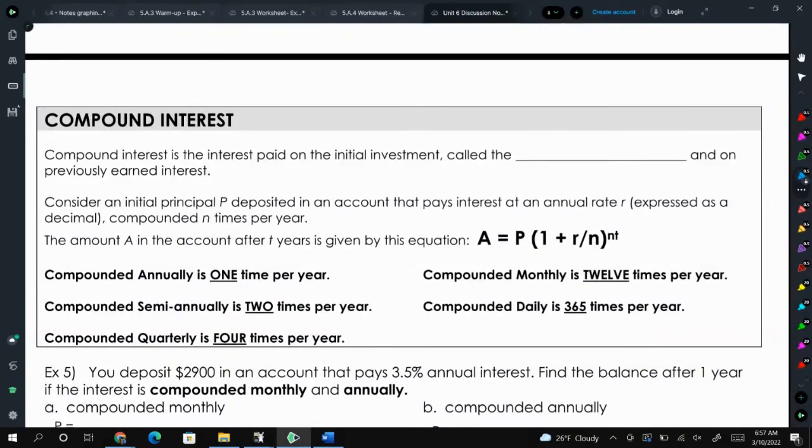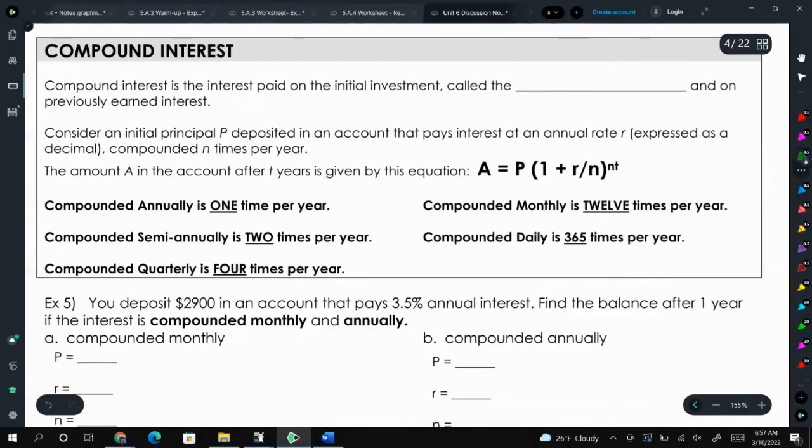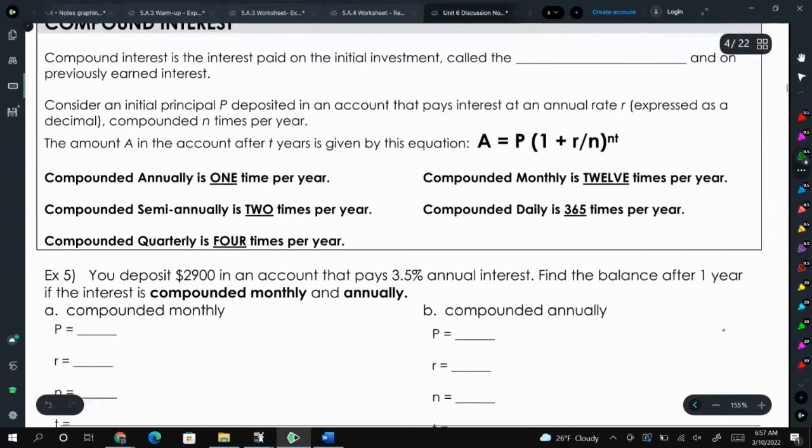The last thing we're going to be doing is talking about compounding interest. And that's another type of exponential growth that banks use to calculate how much money you would have in your savings account after a given amount of time. We have some different terminology, though, when we're talking about this. The first term is called the principal, and that's your initial investment or your initial value or your y-intercept.